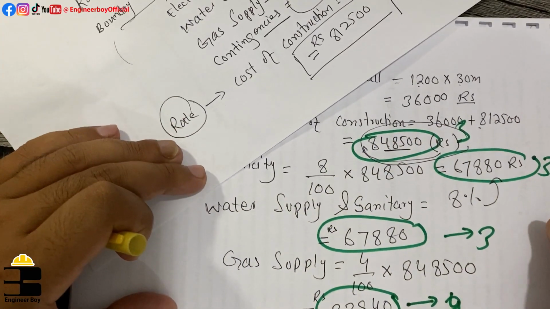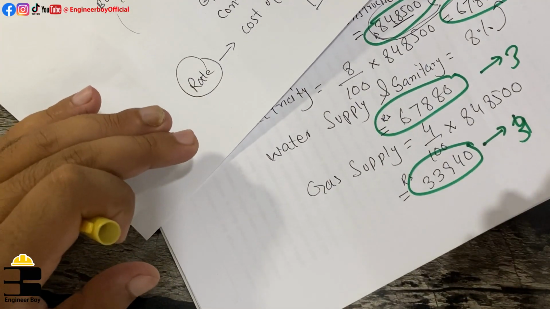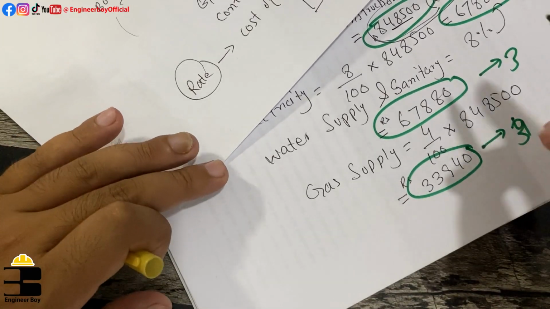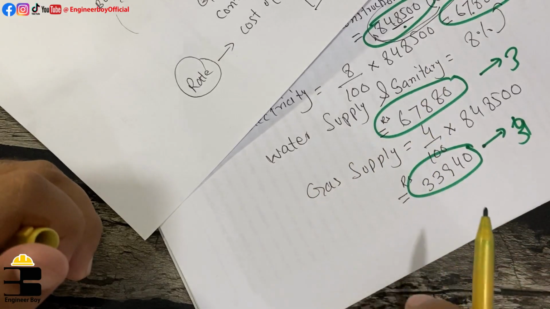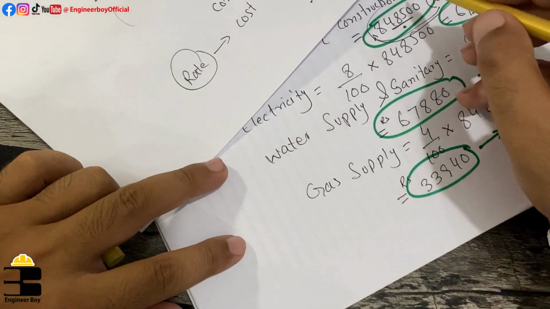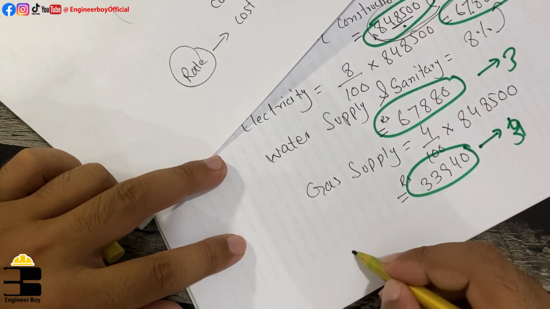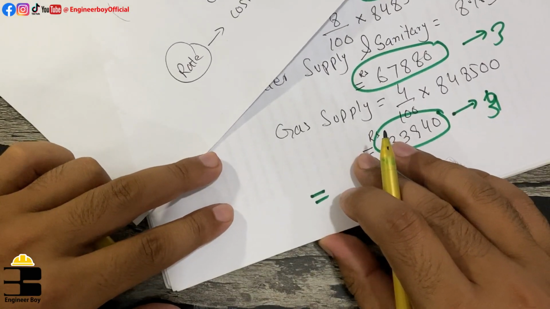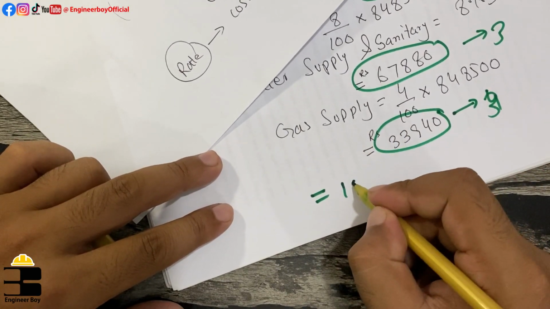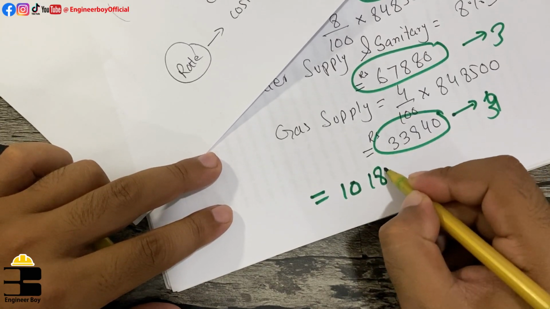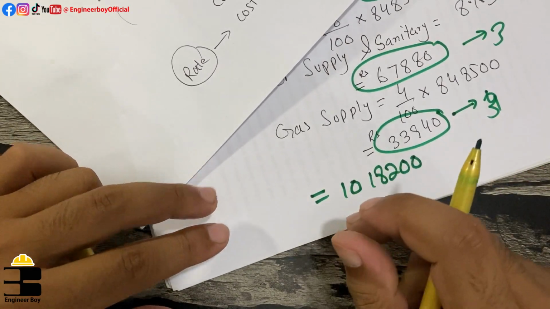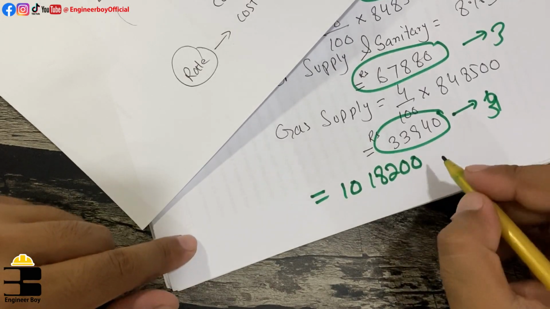This is going to take a lot of time, so it's easier to determine the total of these 4 and then take its 3%. The total of these, if I'm not wrong, is 1018200, the grand total, in RS.